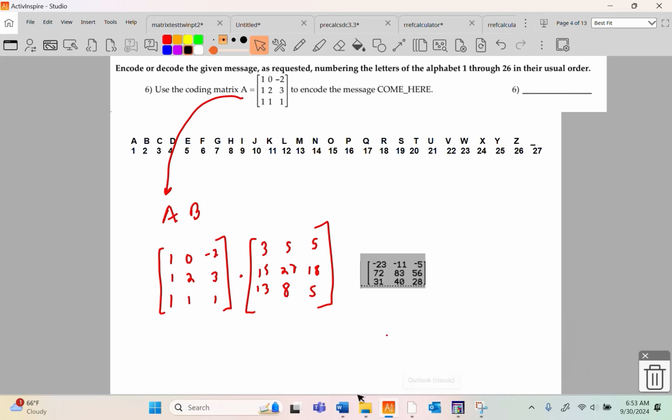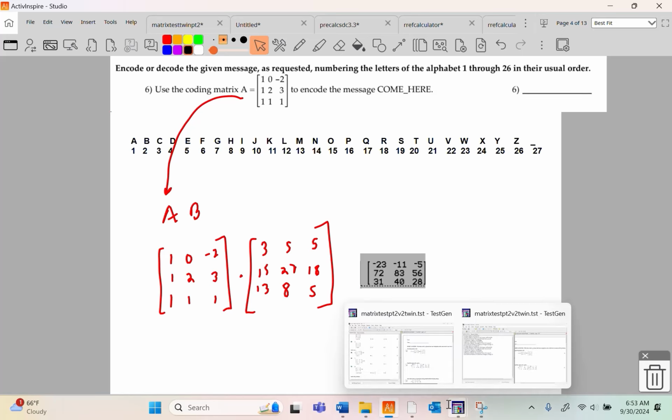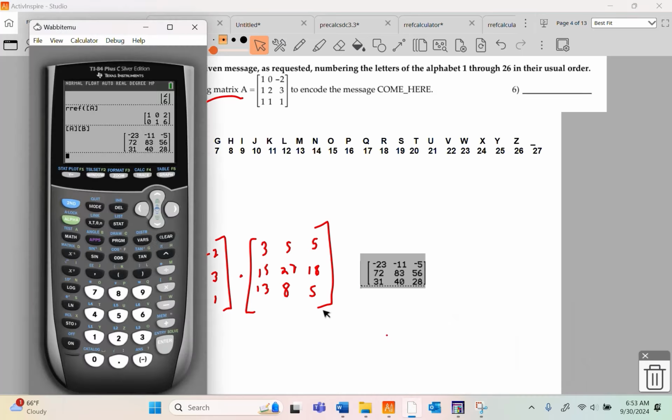Now, if I'm right, if I take my encoding matrix, which was A, find its inverse, and then multiply it by that, which I can't do that yet, can I? Let's store that to matrix D, or C. I'm not using C right now.